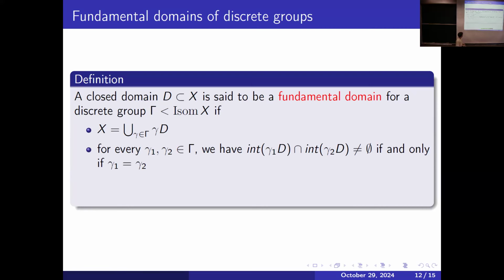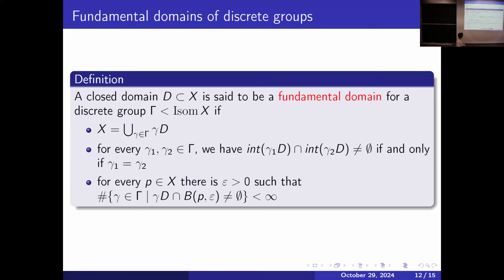In fact, this means that the interiors consist of the unique representatives of each orbit, right? So you cannot have two points from one orbit inside your fundamental domain D. You can have two points from one orbit only on the boundary of D, not in the interior.